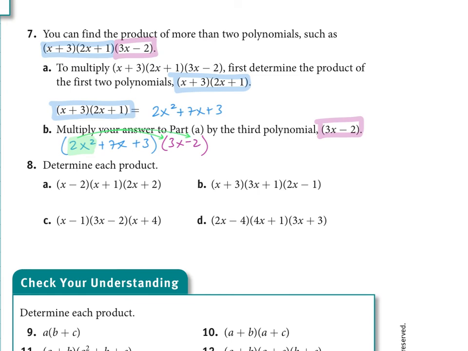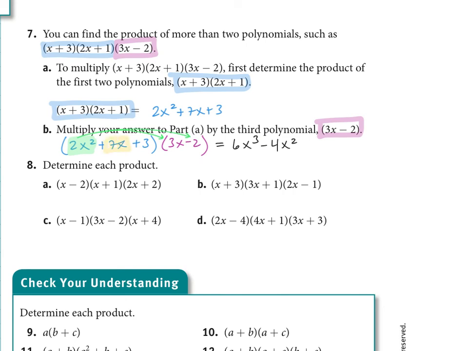So let's start off by multiplying 2x squared times 3x. That's 6x cubed. And then we're going to take the 2x squared and multiply it by the negative 2, so it's negative 4x squared. So again, that's what I get for multiplying the first ones together. Now let's highlight in a different color. Let's choose yellow.